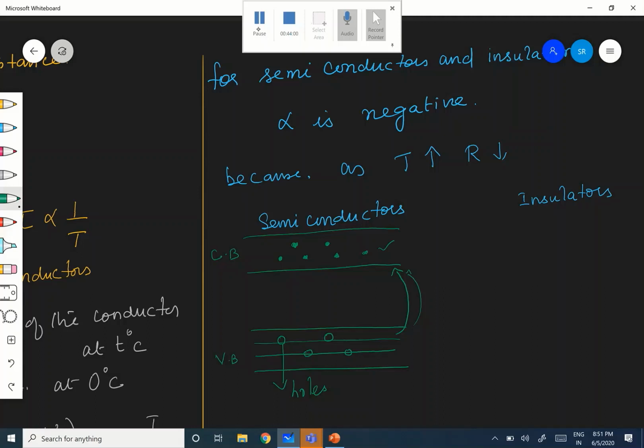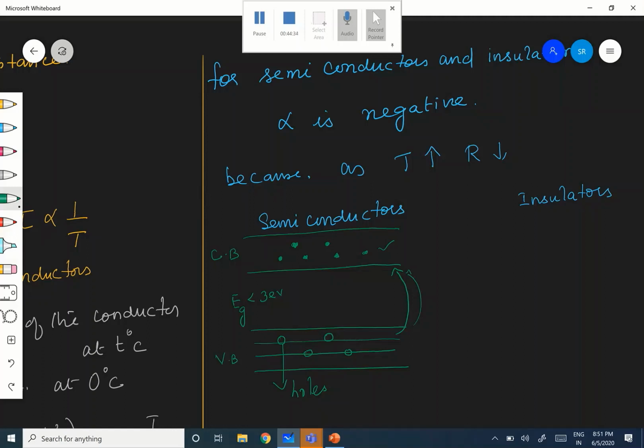This gap is Eg, and this gap is very small, less than about 3 electron volts. Therefore the electrons can easily jump from the valence band to the conduction band.